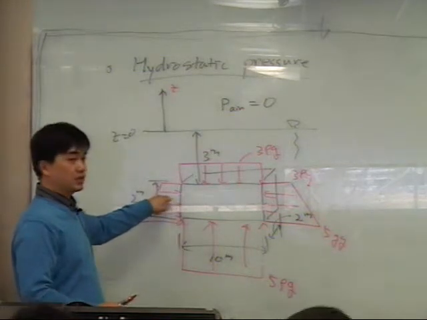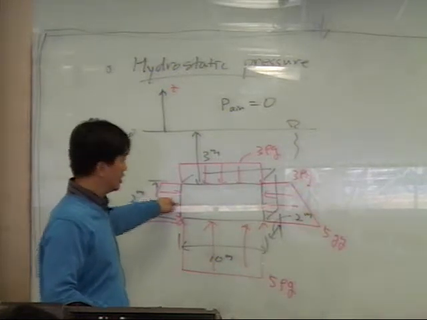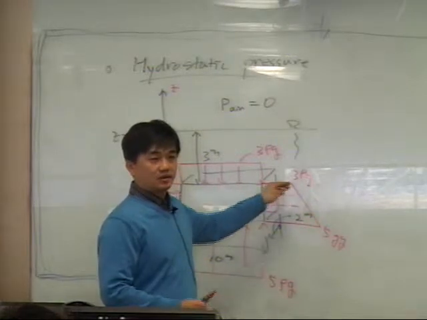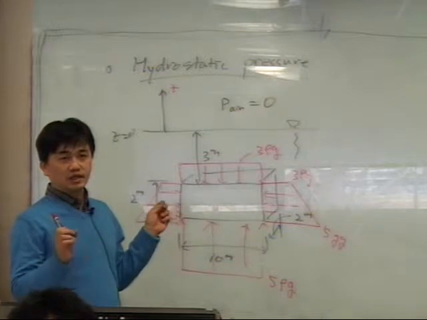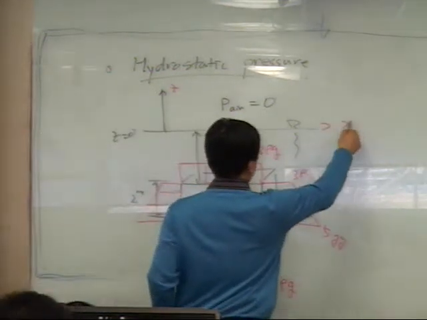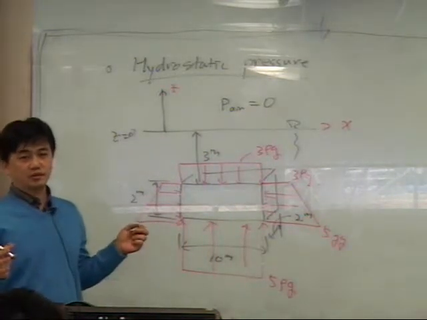Let's see the left hand side. The pressure on the left side of this body and the pressure on the right hand side are the same, equal. So in the x direction, if you sum the forces, it's 0.